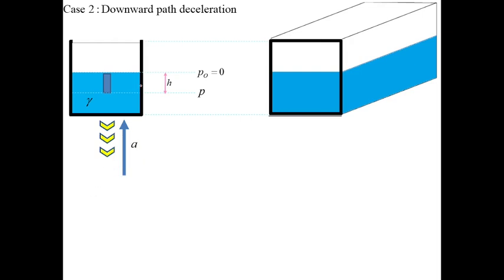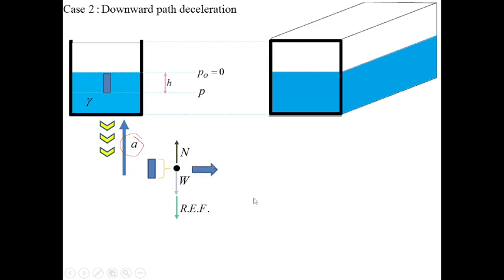So in that case, we still consider the weight and the normal force. This time, because the acceleration is upward, the reverse effective force is downward. Earlier it was upward, now it is downward. A and REF are opposite in direction.